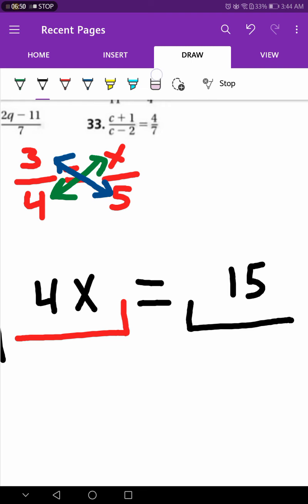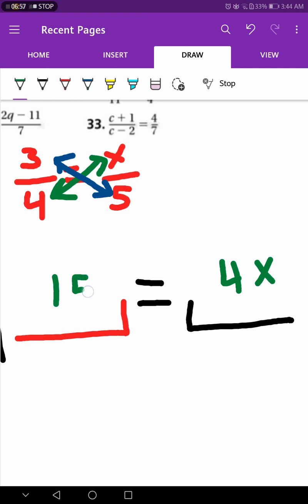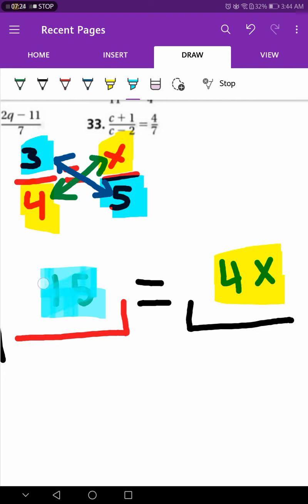Teacher, if I put the 4x here and the 15 here, does it make any difference or any problem for us? Actually, no, it doesn't matter. It is the same. You can write 4 multiply x here and 3 multiply 5 here, and it is the same.